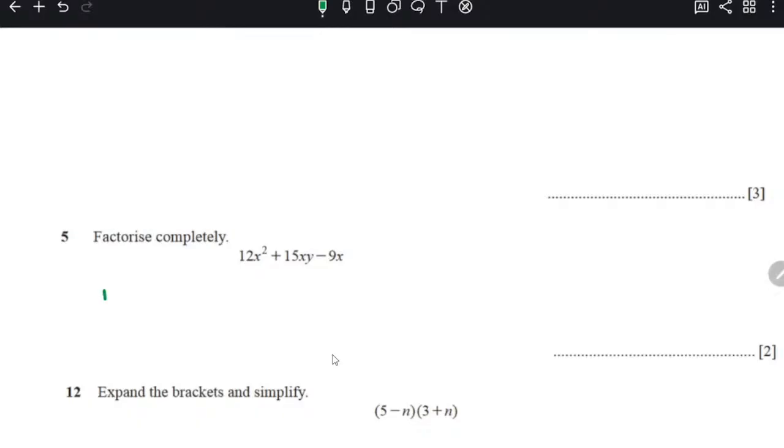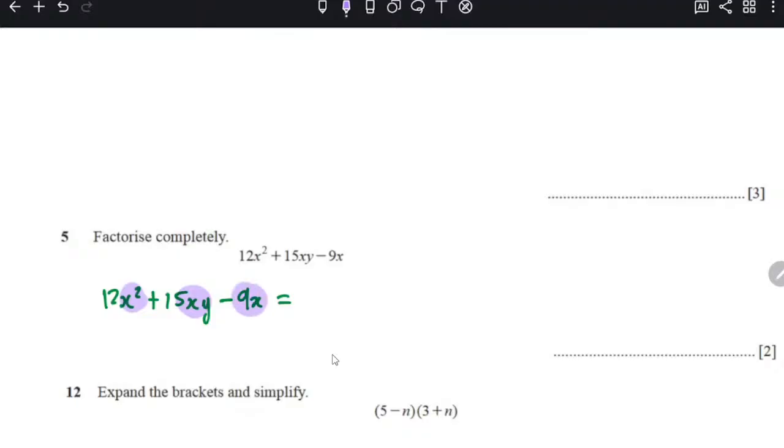Okay, so you write 12x squared plus 15xy minus 9x. Now look at this. Yes, we have quadratic, but we have something with an x and we have something with an x again.